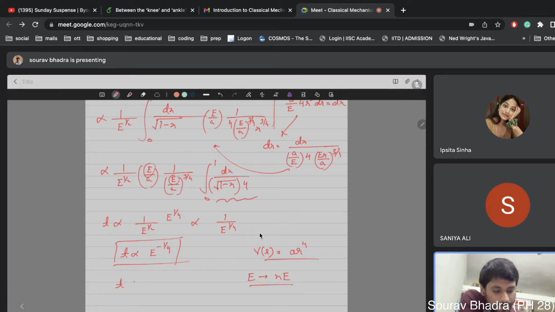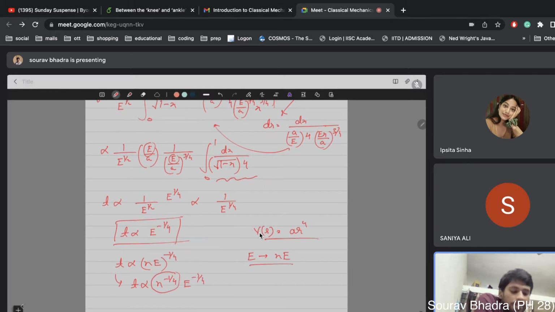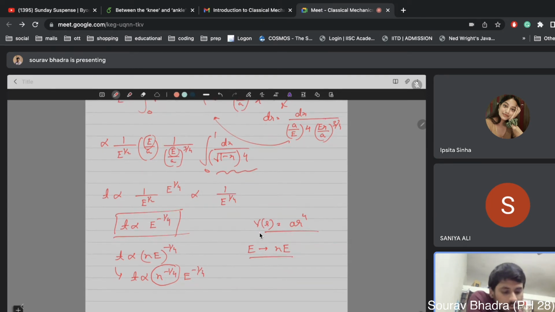It will be proportional to (nE) to the power minus 1/4, that is T varies as n to the power minus 1/4 E to the power minus 1/4. So you can see your time period is decreasing by a factor of n to the power minus 1 by 4.